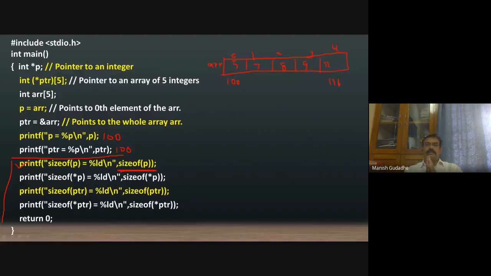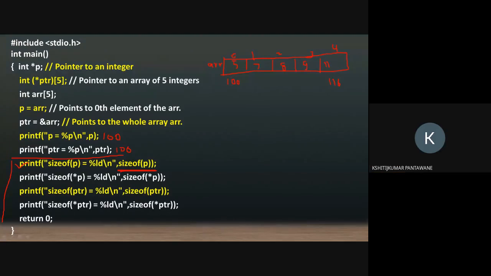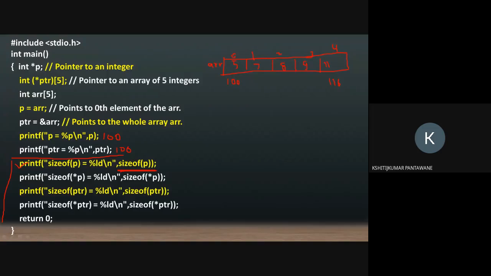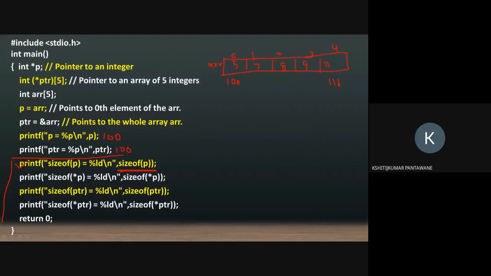Kshitish, can I get the answer from you also? Kshitish, are you listening to me? Kshitish Pantavne. Sir, P refers to the zeroth element of the array, and we are using percent LD, so I wrote 16.